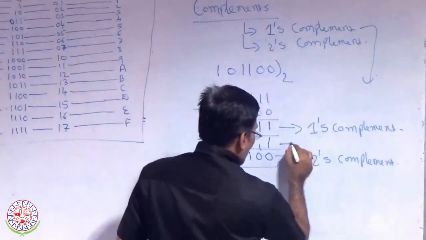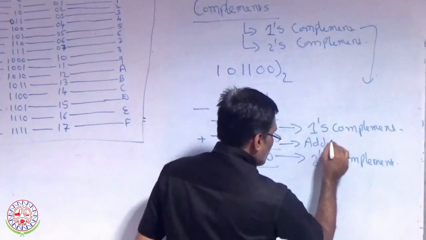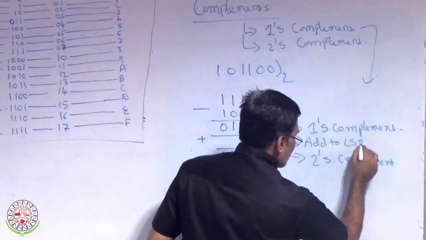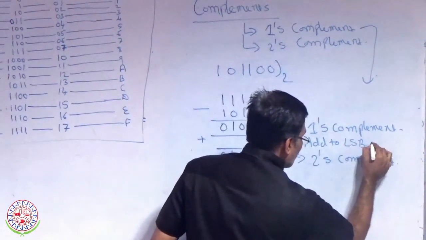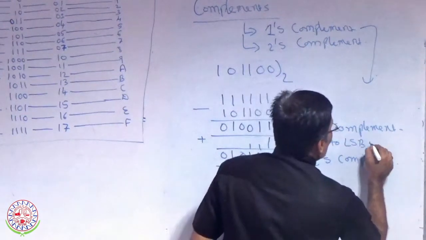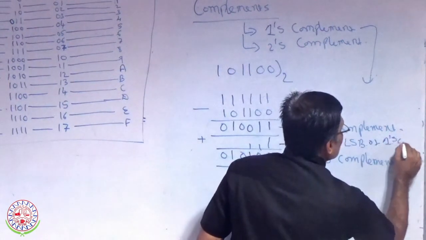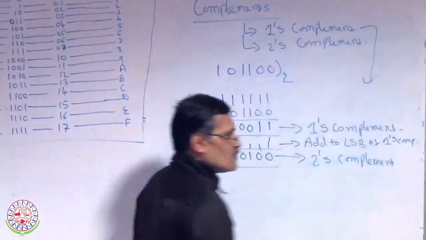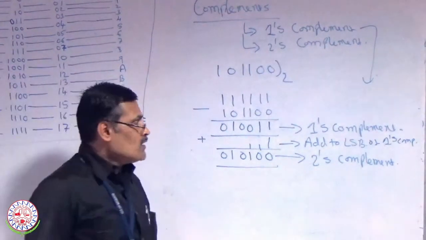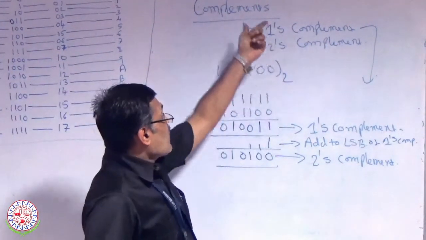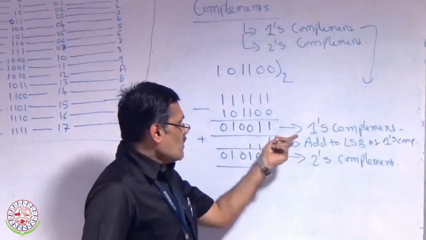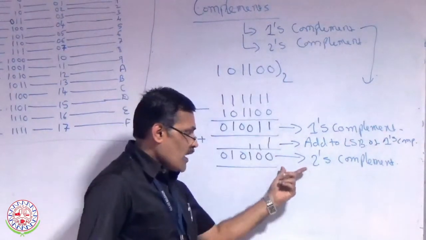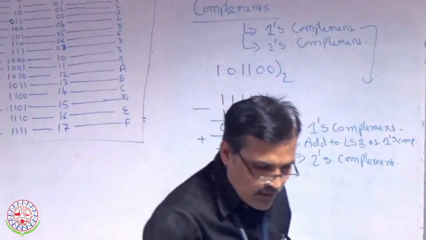So add 1 to the least significant bit of ones complement. Okay, is it clear? So now we have understood how to generate the ones complement of the given number and the twos complement of the given number.